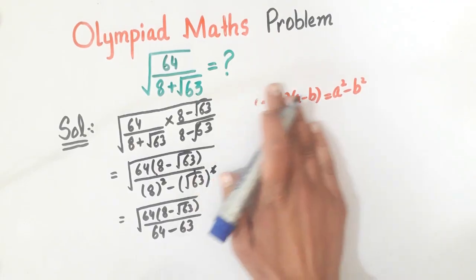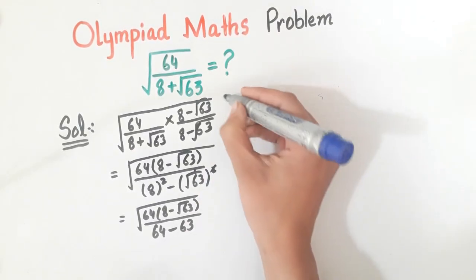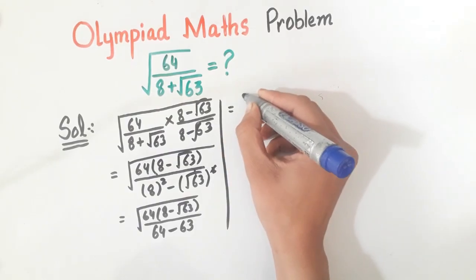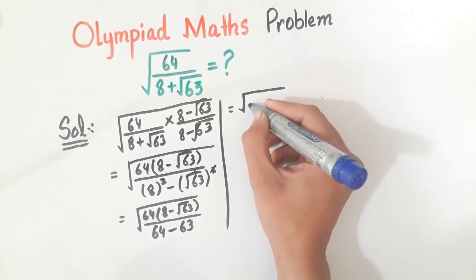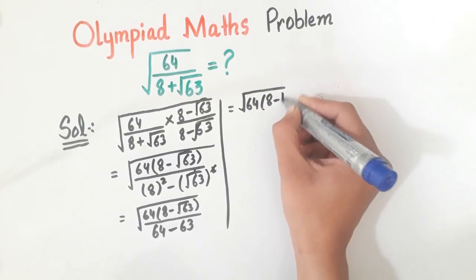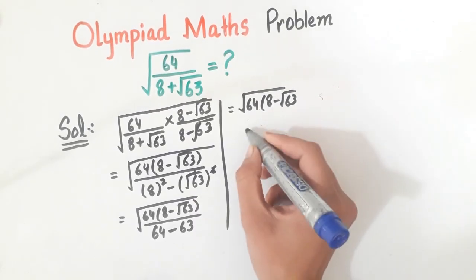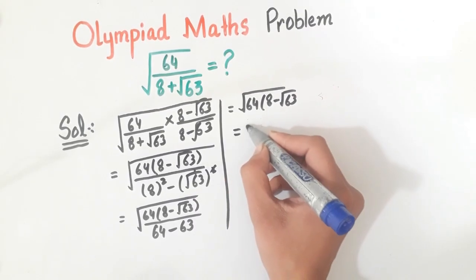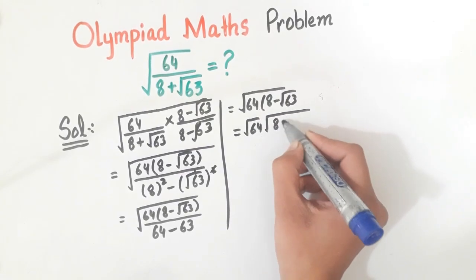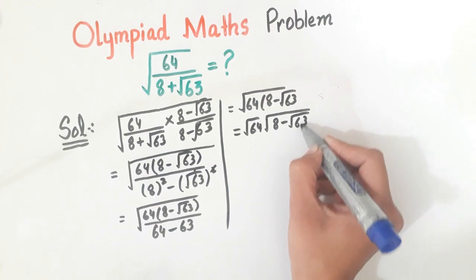So we will solve this further here. It will become equals square root of 64 into 8 minus square root of 63. Now this square root will be split into two parts, square root 64 and the square root of 8 minus square root of 63.